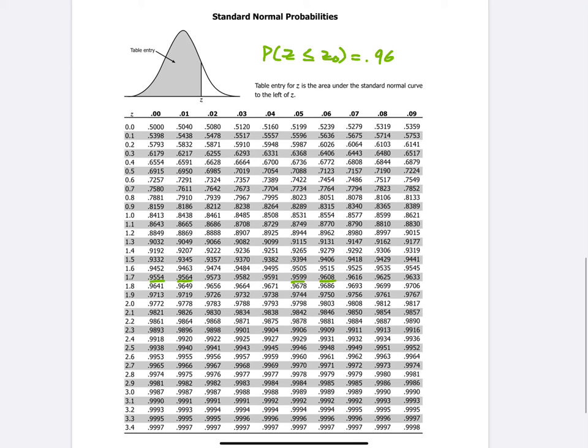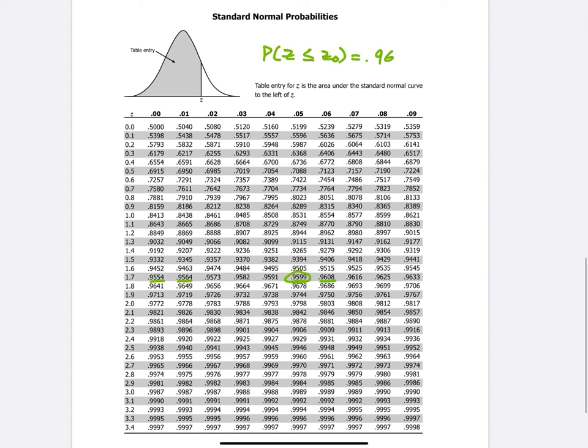0.9608. So 0.96 is not technically in the table. If that's the case, we go to the next closest thing, and the next closest thing to 0.96 is 0.9599. So we know that this is the value that we want.